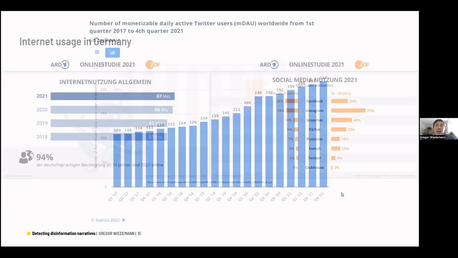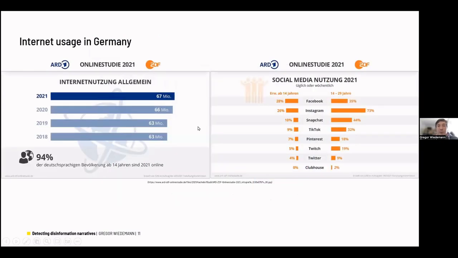And then we can also compare a little bit about the usage structure of internet usage in Germany and link the platform to this. We see, for instance, that 95% of the German-speaking population of 14 years and more are online. And of these online users, we can also distinguish by different age groups and see that Twitter is not the most important platform.